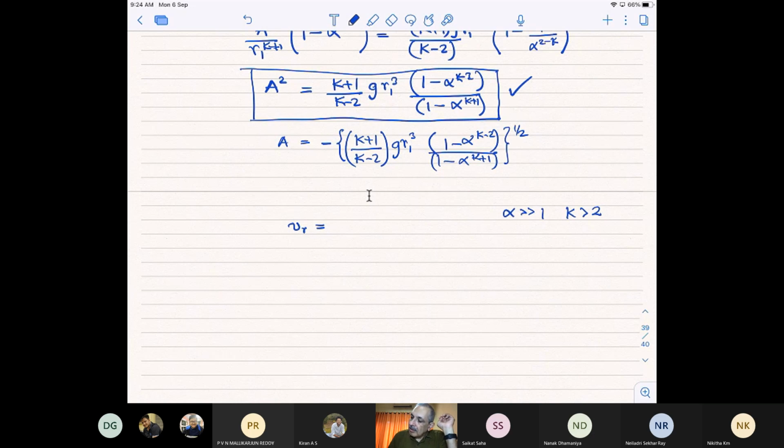In that case, both these terms containing alpha will disappear, and so then what you will be left with is just VR equal to A by R, and if we substitute for A over here, this is minus of (k plus 1 divided by k minus 2) into G R1 cubed raised to the power of half into 1 by R.